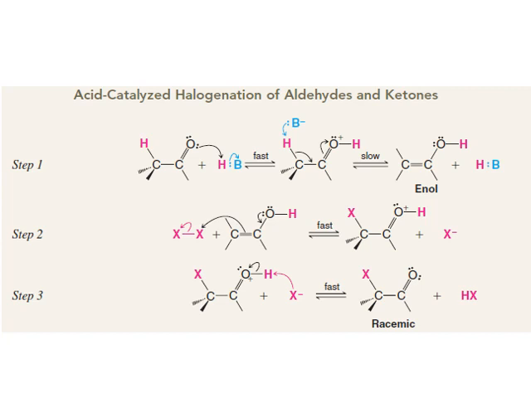Here is an aldehyde or ketone with acid to give the enol in a slow step. Enol attacks halogen and adds halogen.